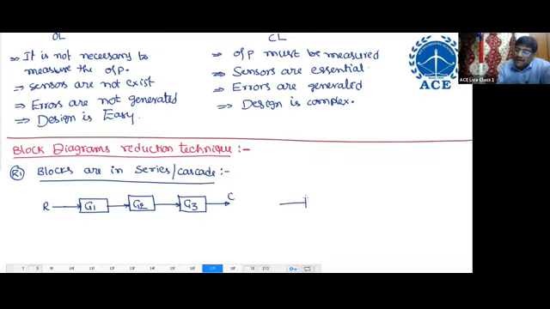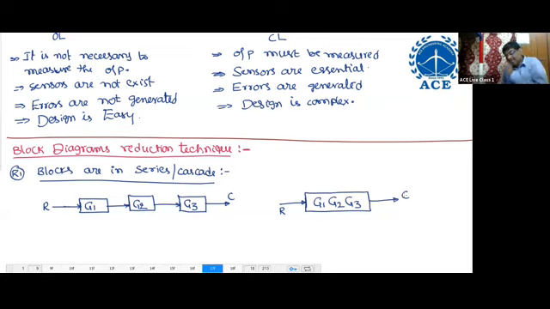The equivalent block gain between R and C is the product: G1, G2, G3.